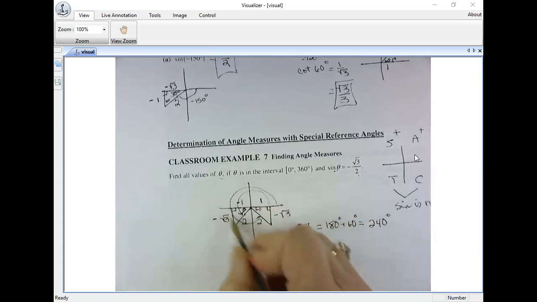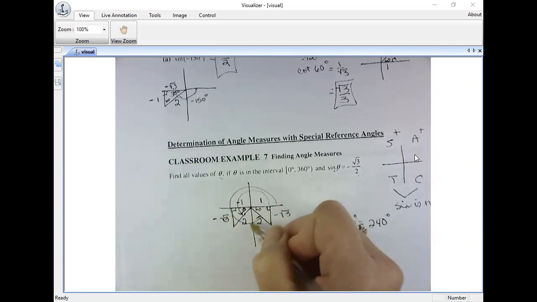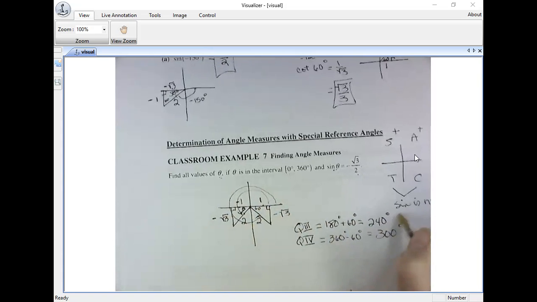If I'm going all the way to here, what's the easiest way to get that one? 360 minus 60. There you go. We have to go all the way to 360 and then subtract 60. So 360 minus 60 is 300 degrees. These are the two possible values between 0 and 360 degrees that would give us this sine ratio.